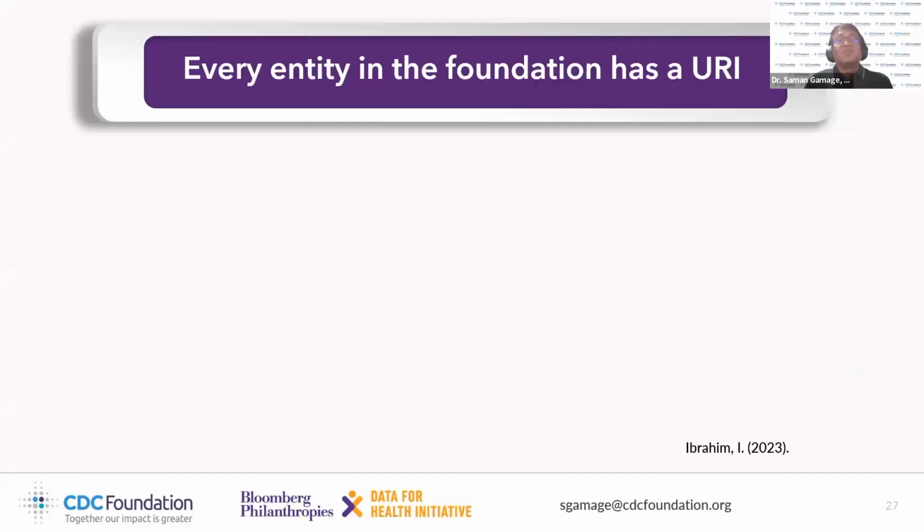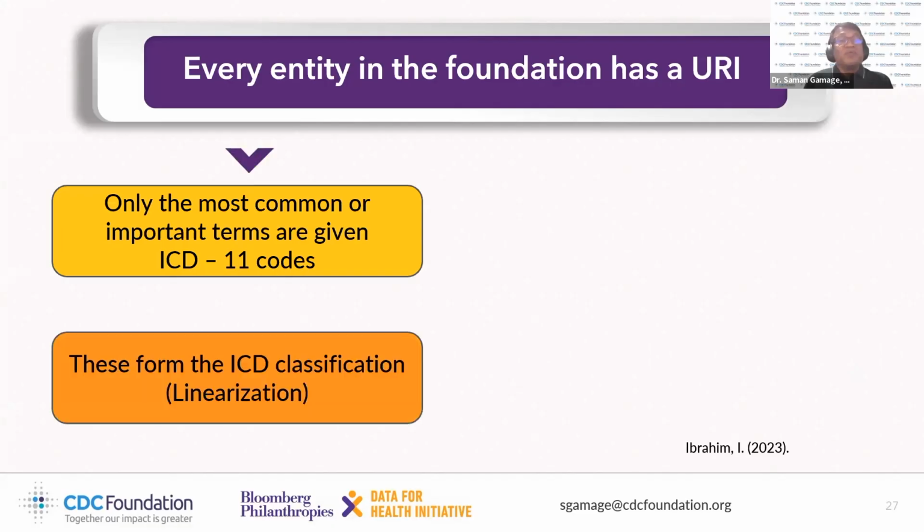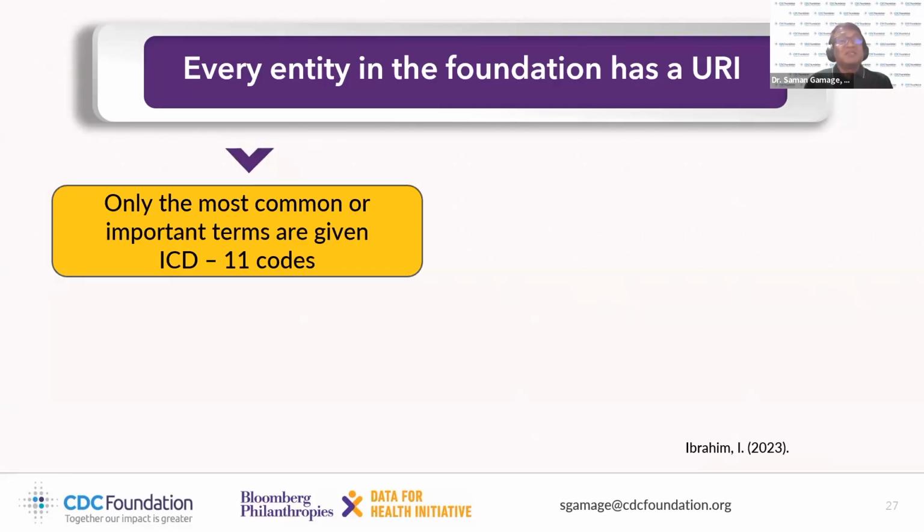Let's talk more about foundation and URI. Every entity in the foundation has a URI. As I told you before, URI is a Uniform Resource Identifier. It's something like a web address. Only the most common or important terms are given ICD-11 codes.